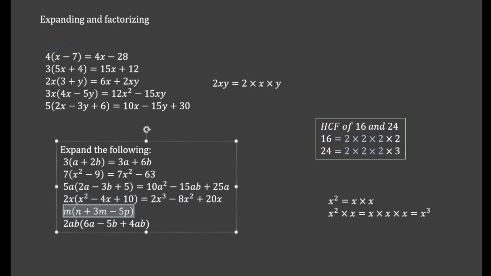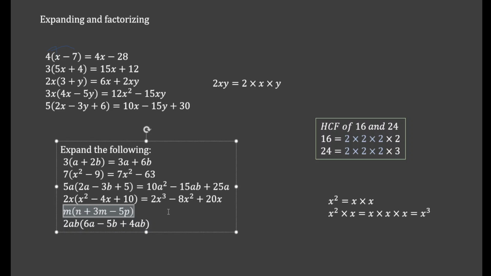All right. Kisaya, you tried this one? Which one, sir? This one that I'm on here, the highlighted, multiplied by N plus 3M minus 5P. No, sir, I missed that question. All right.